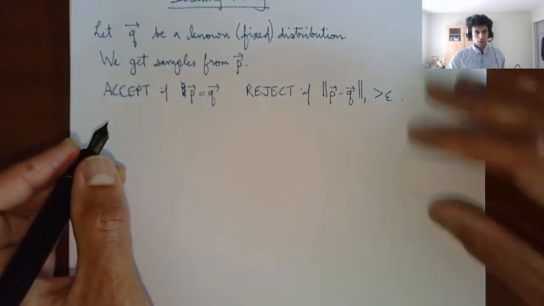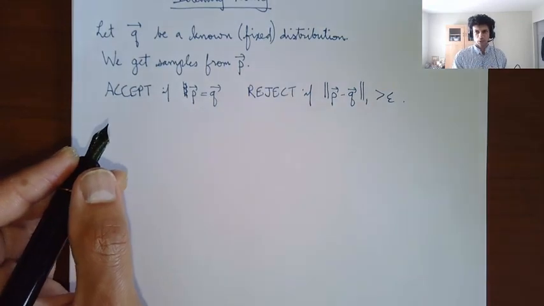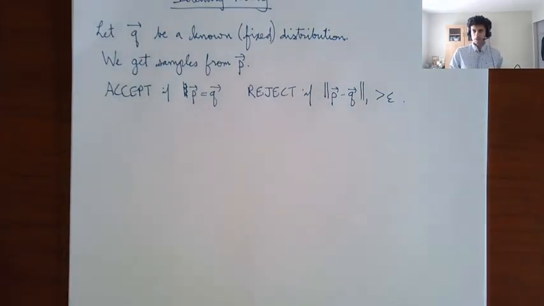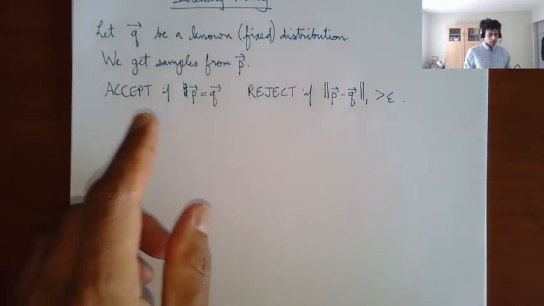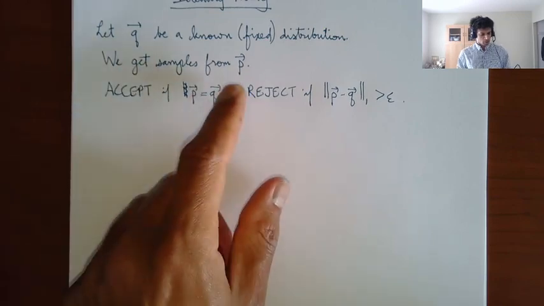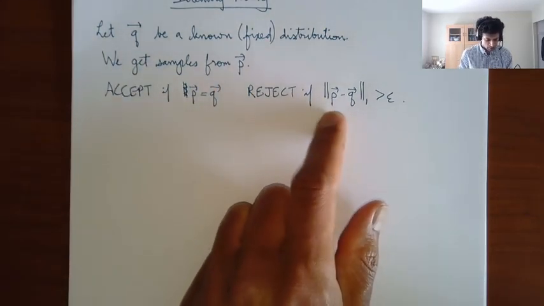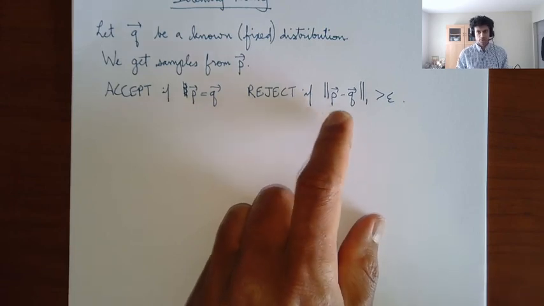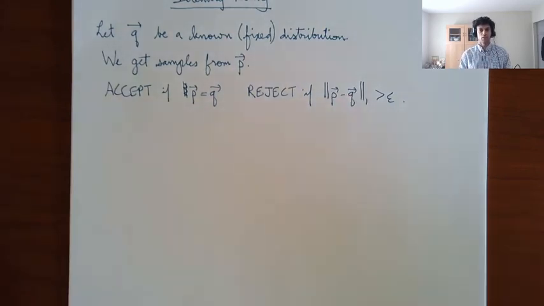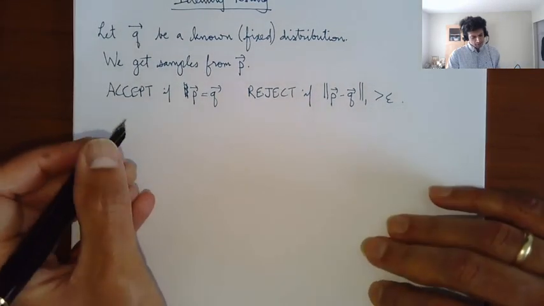Now here it doesn't seem like we can do the birthday paradox trick anymore, and that is because the 2 norm does not seem to have a clear relationship with this distance. We can only use it if Q was the uniform distribution. Except there is a really nice trick.